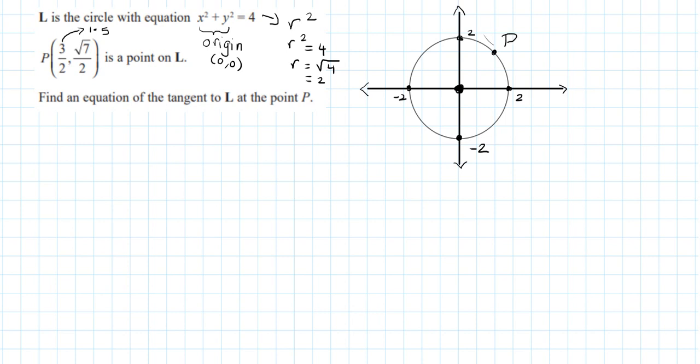It says L is a circle with the equation x squared plus y squared equals 4. P is a point with coordinates 3 over 2 and root 7 over 2.